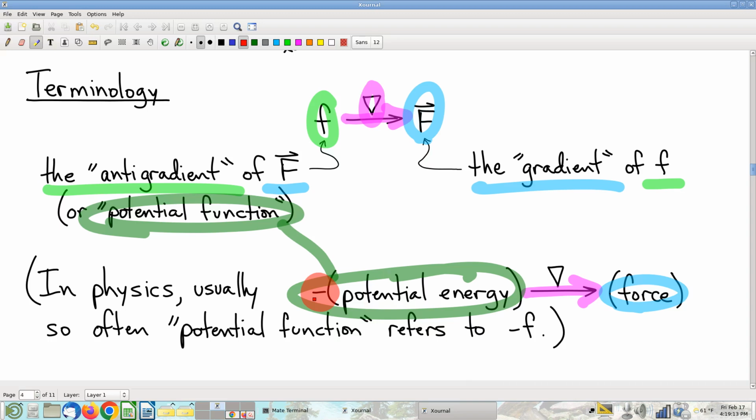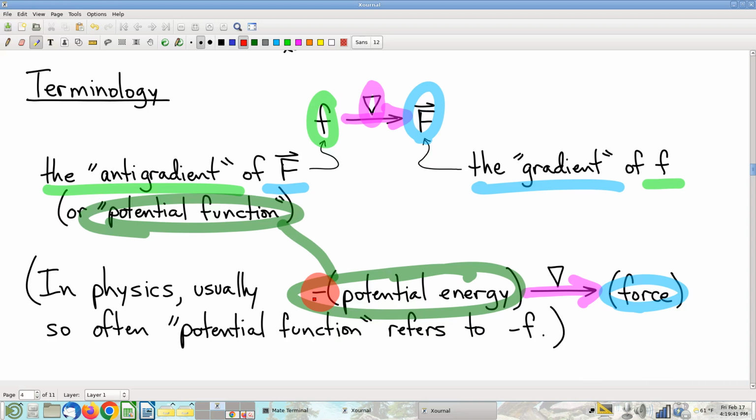You take the gradient: up. What direction is the gravitational force? It's down. So minus sign, right? So not only are we sometimes not talking about physics and don't want to think about potential energy, in fact, the anti-gradient is not even technically potential energy. It's the negative of potential energy. Drives me crazy.